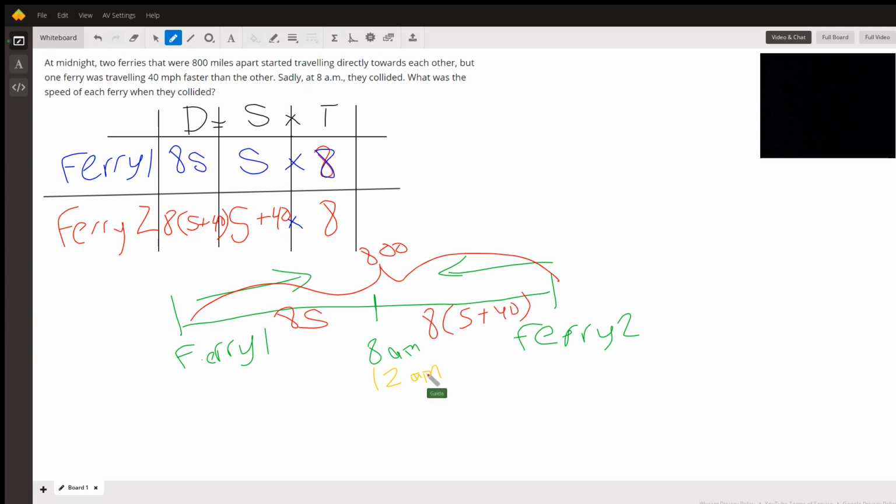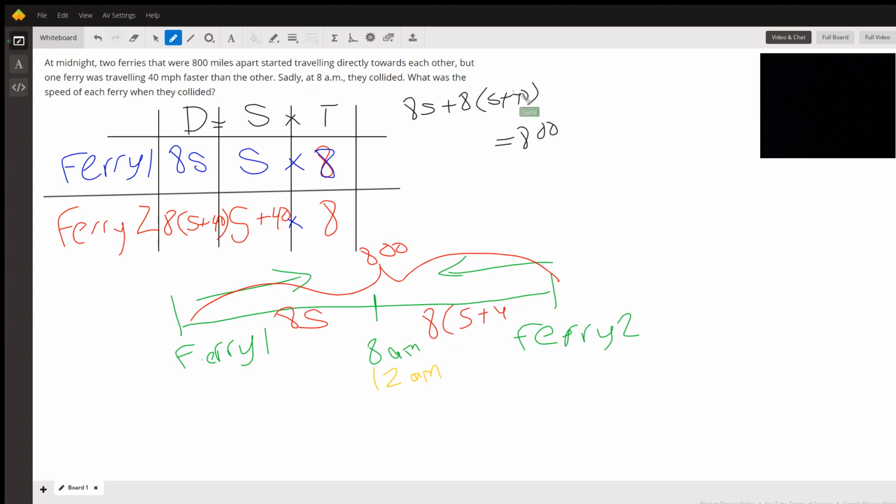If we add this distance plus this distance, we can set it equal to 800, because that's the total distance they were apart until they collided in the middle. So that's exactly what we're going to do. We're going to say 8S plus 8 times the quantity S plus 40 equals 800.